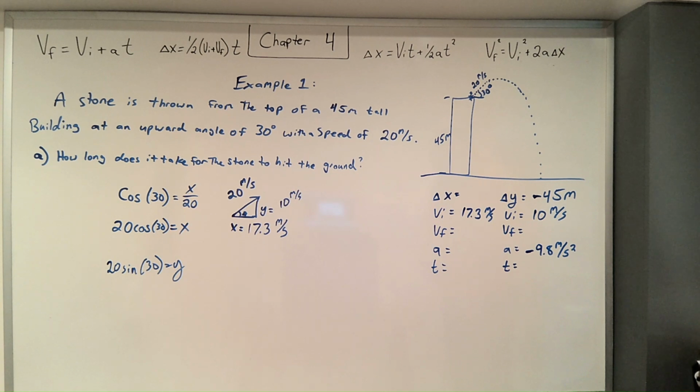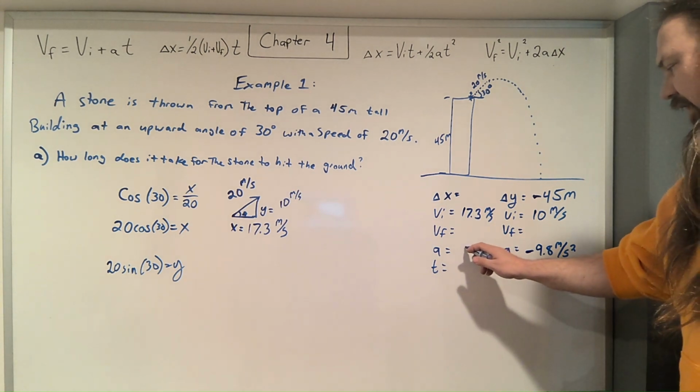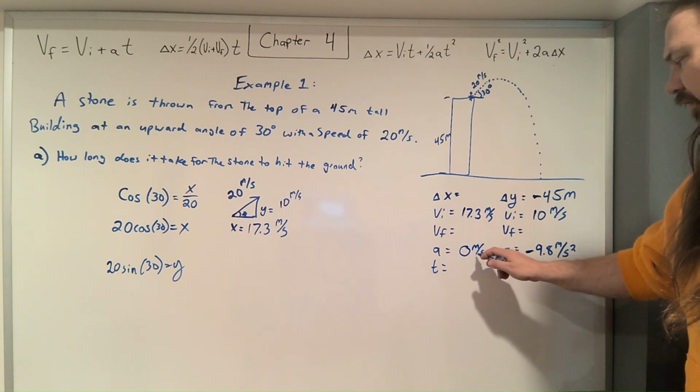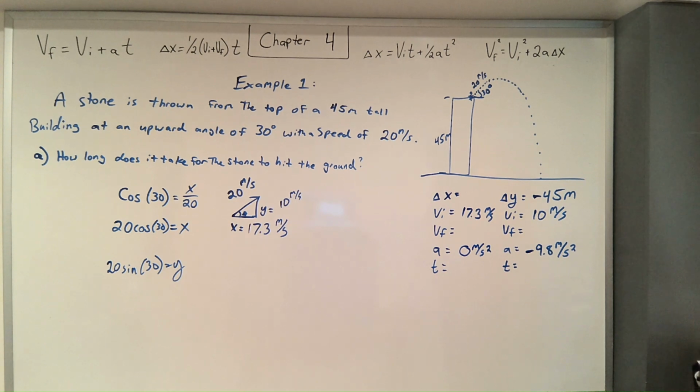In the x direction, is there anything pushing on it? No, not really. So in the x direction, we have zero acceleration, or 0 meters per second squared. Well, now if there's zero acceleration, what does acceleration mean? Right? Acceleration means change in velocity.